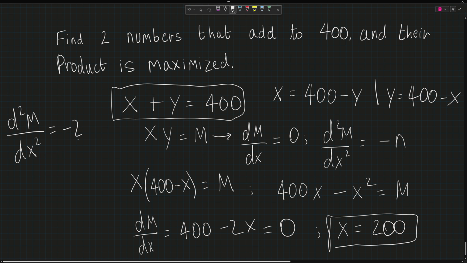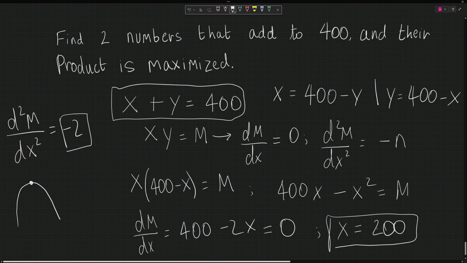So for any value of x, we're getting -2 as the answer. And if it's -2, that means the graph is concave down like this. That means our max is the vertex. So we can only find the max, you can't find the minimum. So the critical point we found is the maximum.